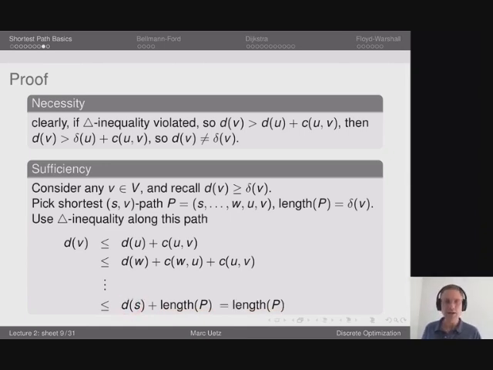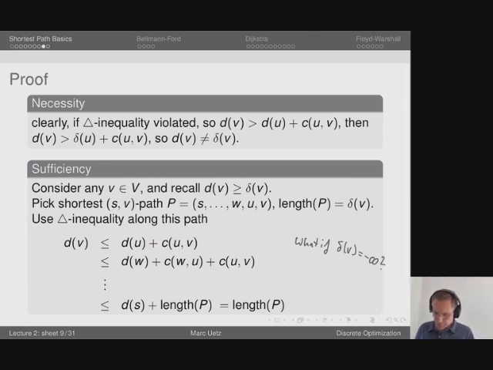So this is just the length of the path. But this path was chosen to be a shortest path from S to V, so that is equal to the true distance from S to V. And hence we get two inequalities. D of V is larger or equal than delta of V, and D of V is smaller or equal than delta of V. Therefore, they must be equal.